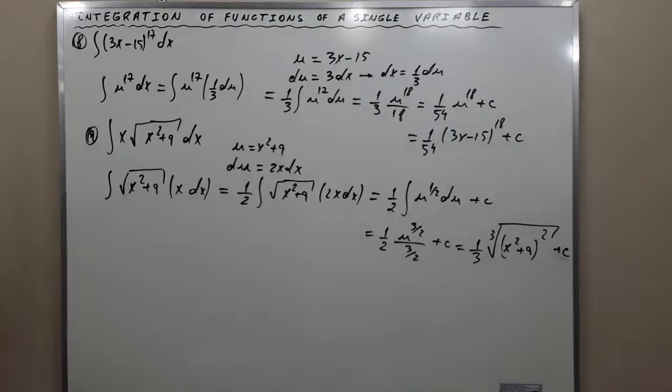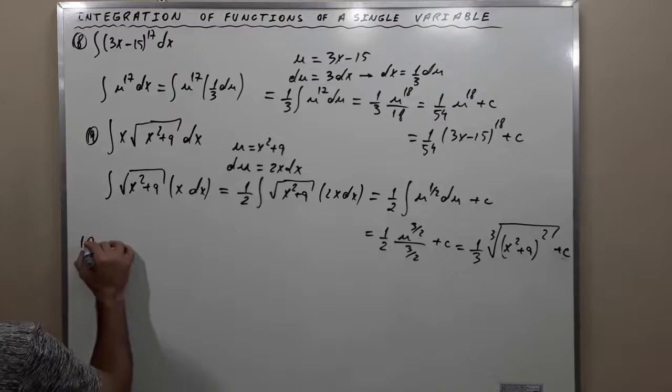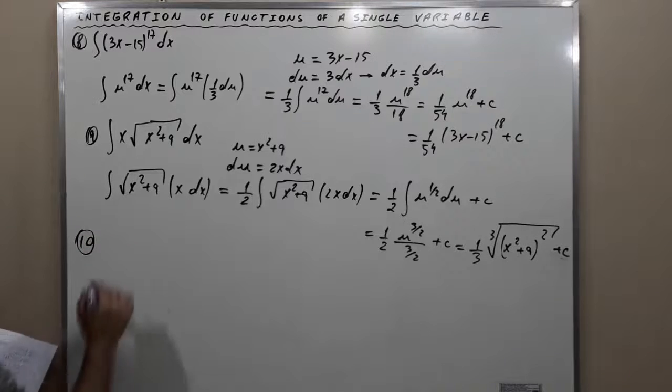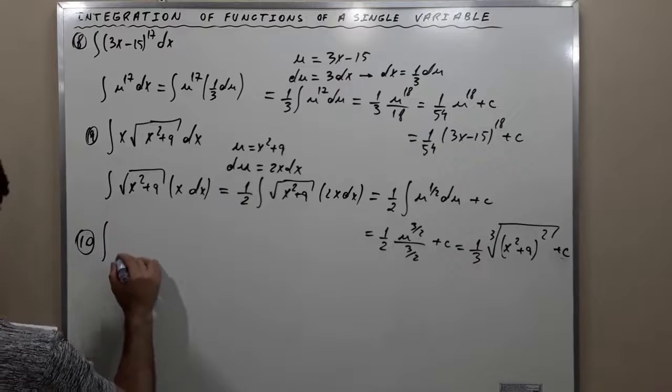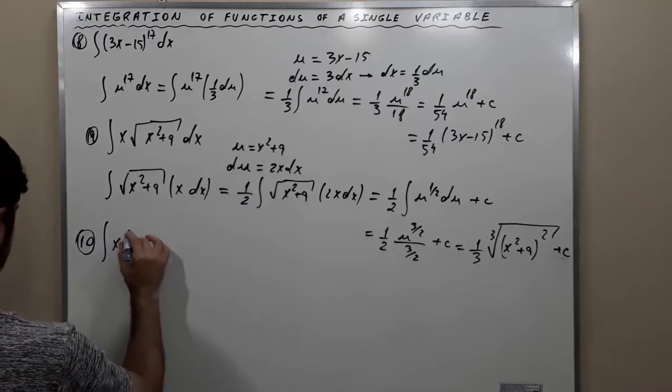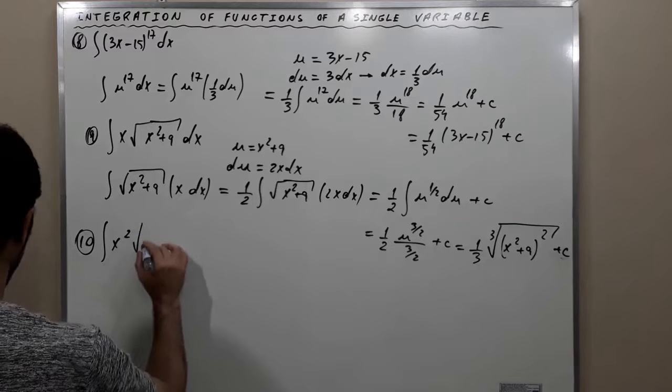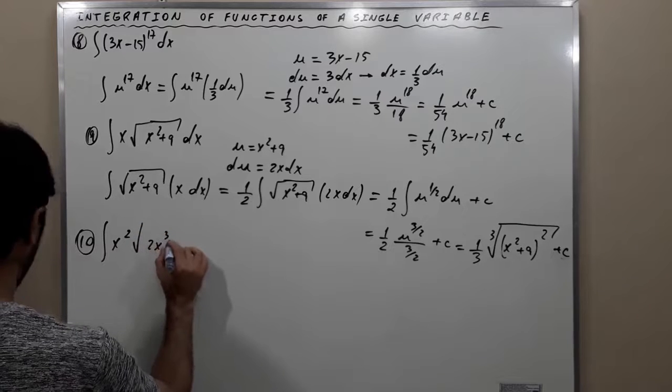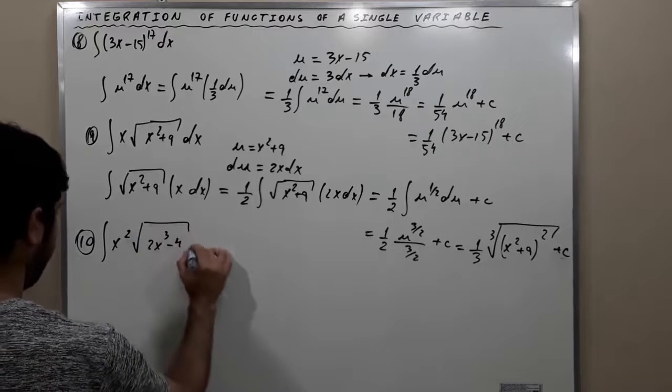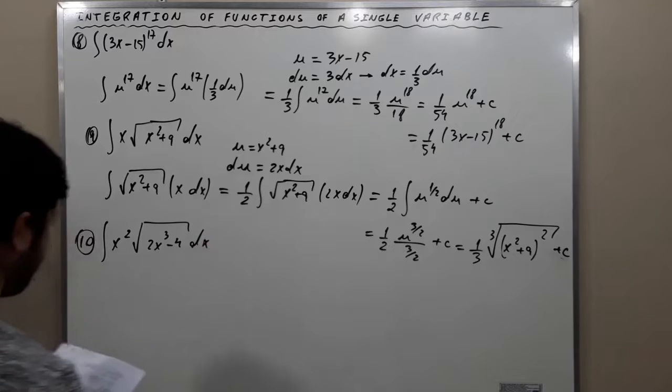And let's do another one that's very similar to this. It's going to be exercise 10. Exercise 10 is the integral of x squared times the square root of 2x cubed minus 4 dx.